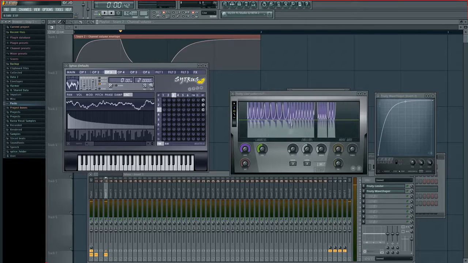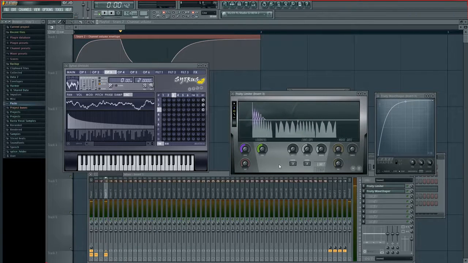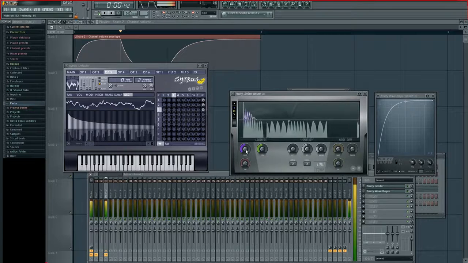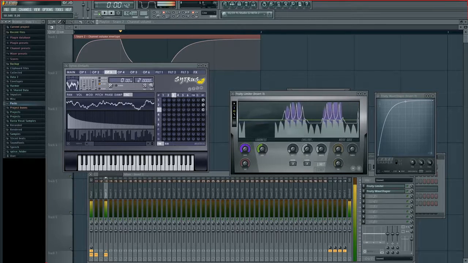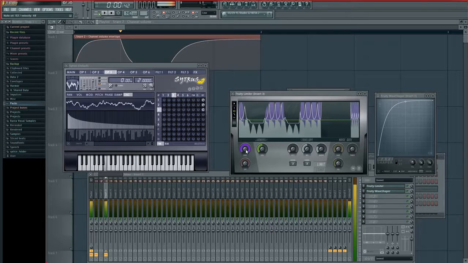But if I didn't push it as hard into the limiter, it's not bad, but it's a different effect. And if I push it, it just has a very useful sort of effect that I like.